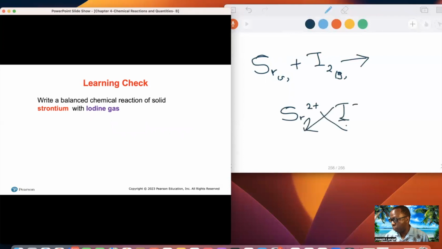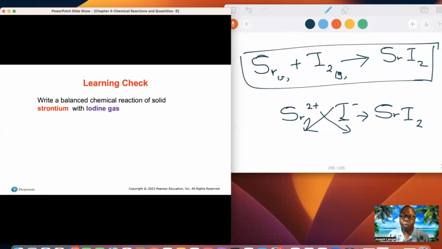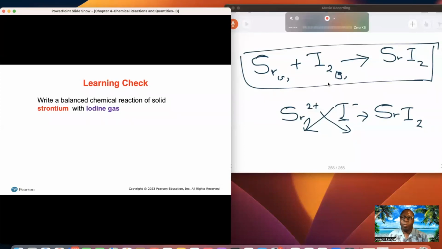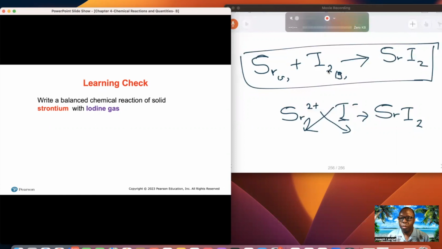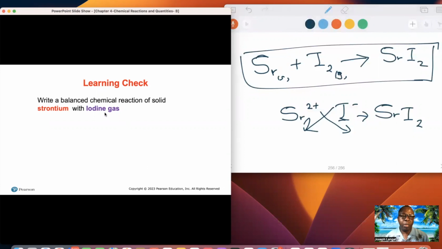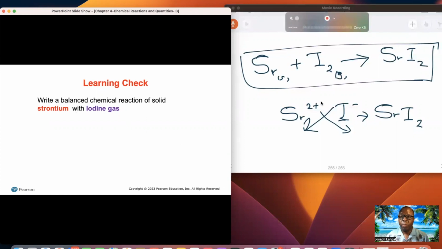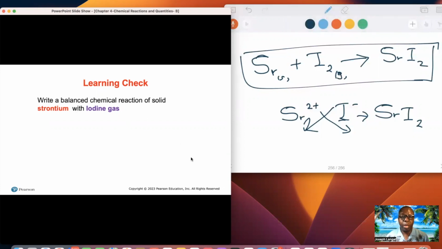When we use the crossover rule, we'll have SrI2, strontium iodide. And the way it is, the equation is balanced. I'm just writing the equation. Remember iodine gas. Iodine is diatomic. This was in the previous chapter, writing the correct formulas. Strontium is in group 2, so it's going to be positive 2 to write the correct formula here. It's an ionic compound, a metal and a non-metal.